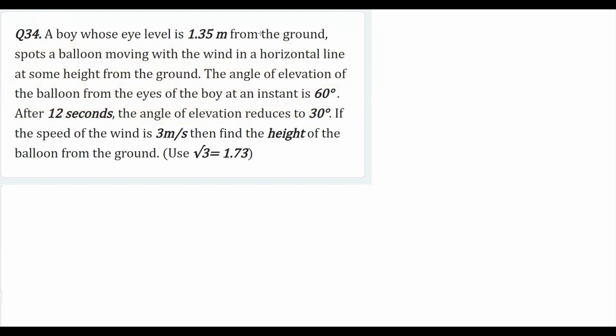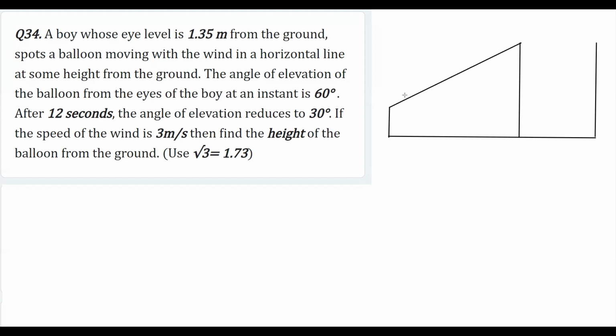So let's say if I draw the figure here, I'll first make a horizontal line taking two different positions of the balloon. Let's say this be the first, this be the second, and the boy to be here, and the boy has a certain height, say 1.35 given. This is the first angle of elevation with the horizontal being this, and this is the second angle of elevation where this is the horizontal.